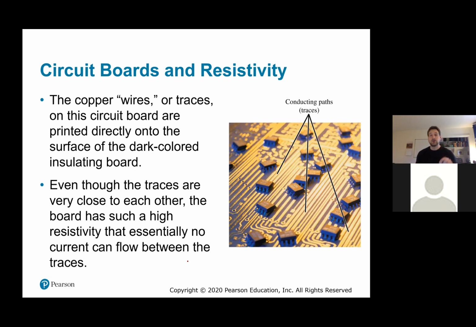Like almost no current, and not enough to make a difference. It's going to flow along the direction of the conductive trace and not anywhere else. So the fact that there's so big a range in the resistivity of different materials permits circuit board construction that we're familiar with.